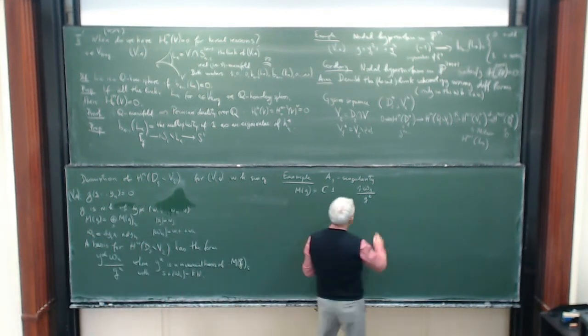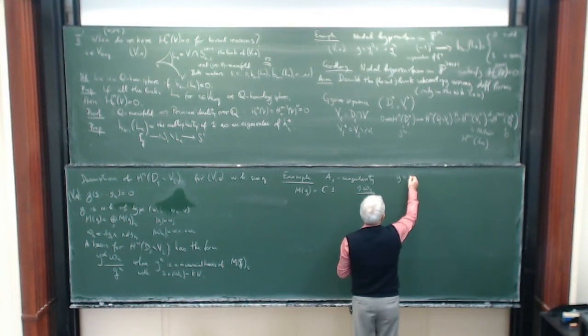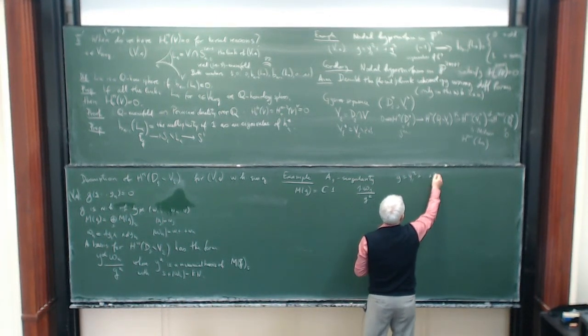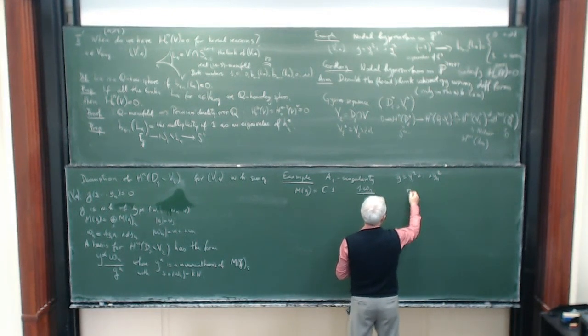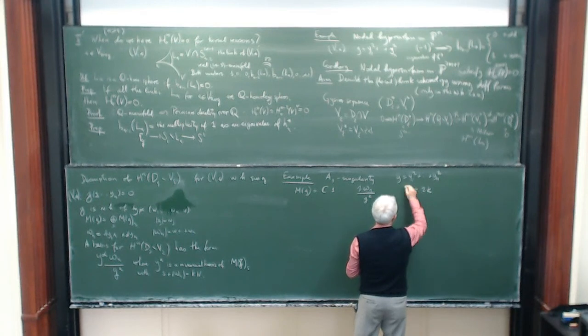And now what is the condition? So G is the sum of squares. And so the condition is that the degree of omega, which is n, should be equal to 2k.